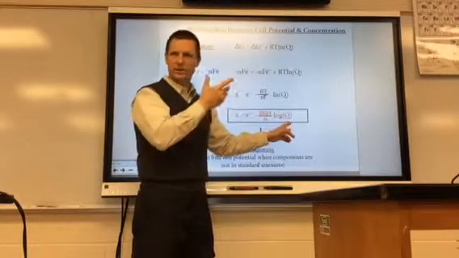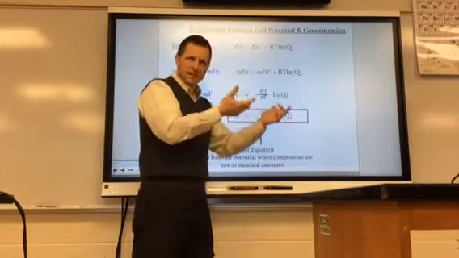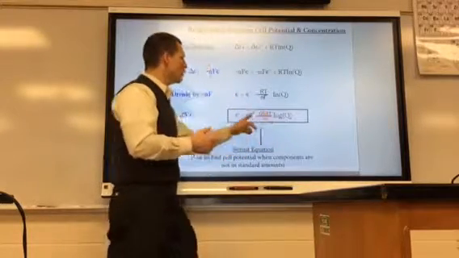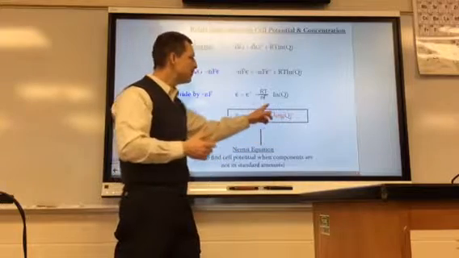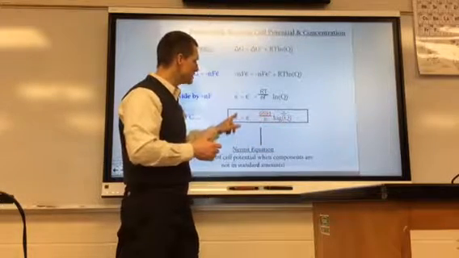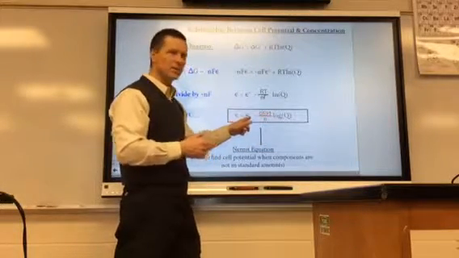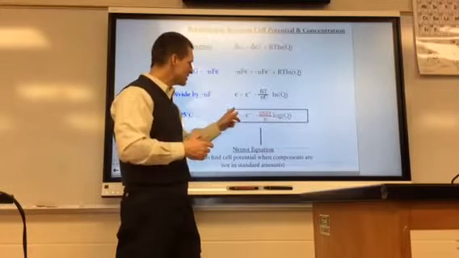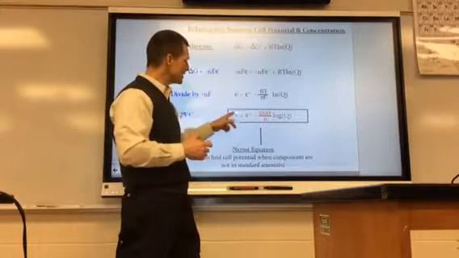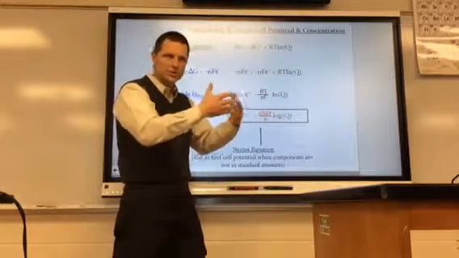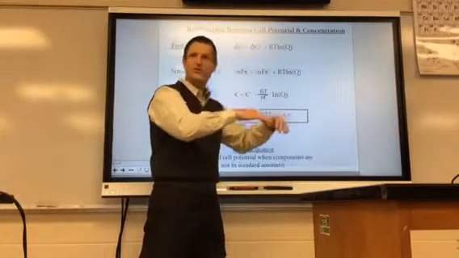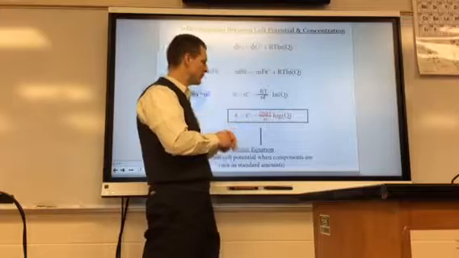As the reaction goes to the right, Q is getting bigger. So the log of Q is getting bigger as well. We're taking this whole thing that's getting bigger, and subtracting it from the standard cell potential. What's happening to the overall cell potential as the reaction proceeds and keeps going and going? The voltage is going down. Right. The voltage is going down.